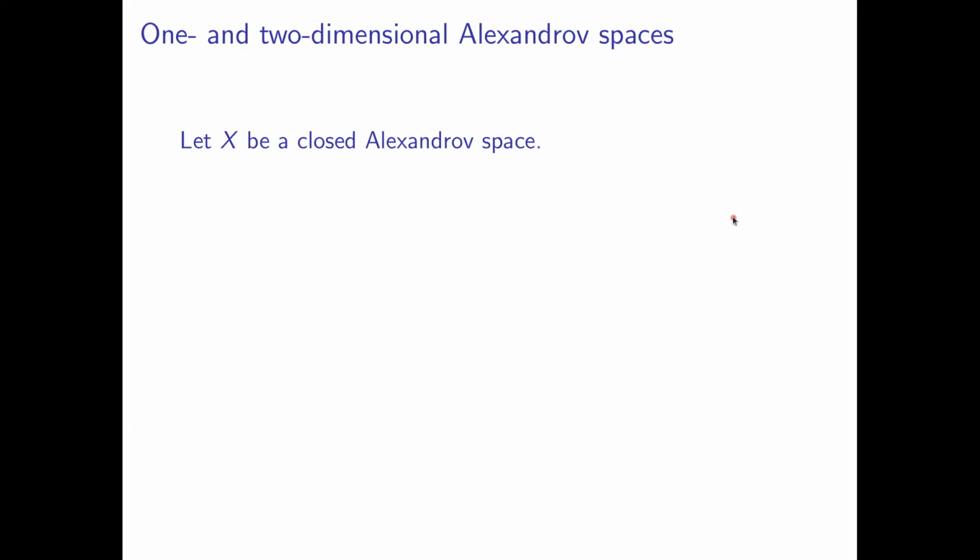So if we take a closed Alexandrov space, here closed means compact and without boundary, just as for manifolds. Well, before that I should tell you what the boundary is. You define the boundary inductively. In dimension 1, an Alexandrov space is topologically just a circle or an interval, so you know what the boundary is.